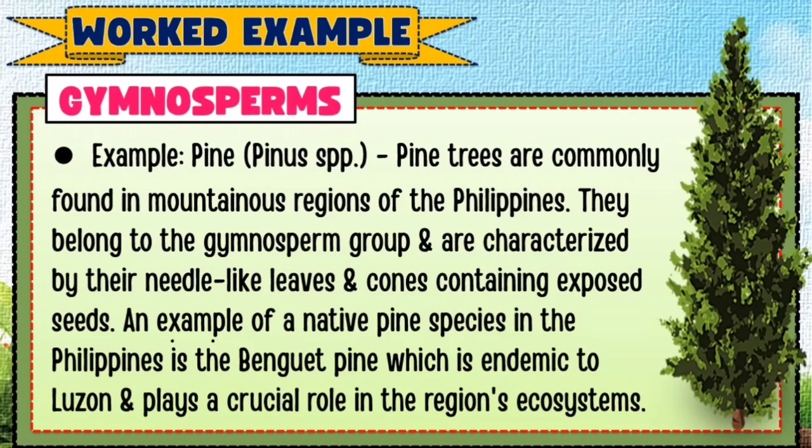Pine trees are commonly found in mountain regions of the Philippines. They belong to the Gymnosperms group and are characterized by their needle-like leaves and cones containing exposed seeds. An example of a native pine species in the Philippines is the Benguet pine, which is endemic to Luzon and plays a crucial role in the region's ecosystems.